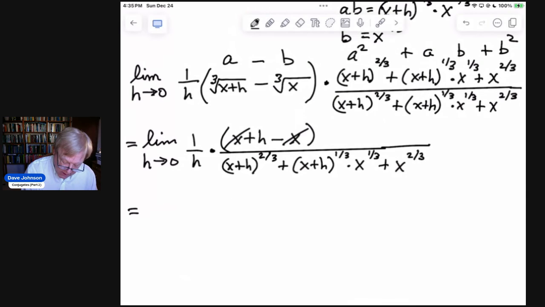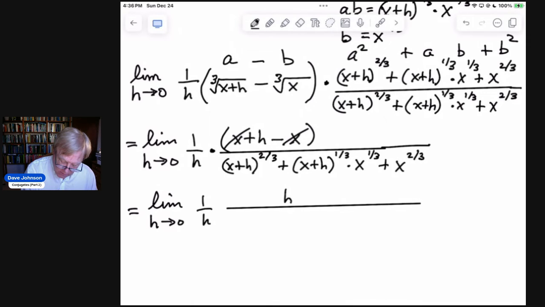Let me go ahead and write this, show every step. So limit as h goes to 0 of 1 over h. And we still have our h upstairs. But downstairs, we have, and I know it's nasty, but we got to write it, x plus h to the 2/3 plus x plus h to the 1/3 times x to the 1/3 plus x to the 2/3.